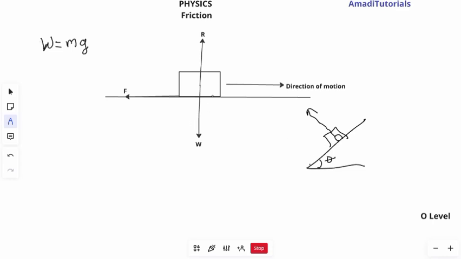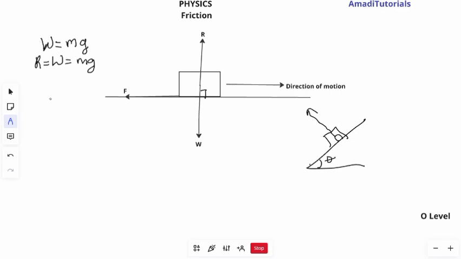You understand? And this one too is perpendicular to that surface. So that's how reaction force acts, perpendicular to the surface. So in this case, since this block is not sinking down, the reaction force equals the weight, which equals Mg, mass times acceleration due to gravity.